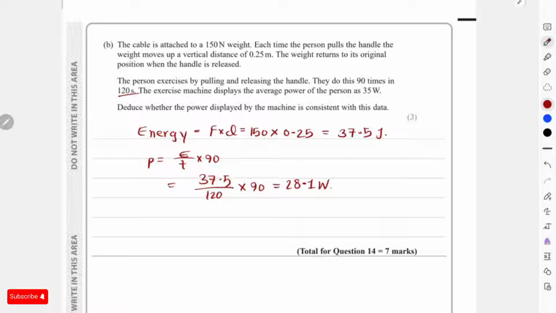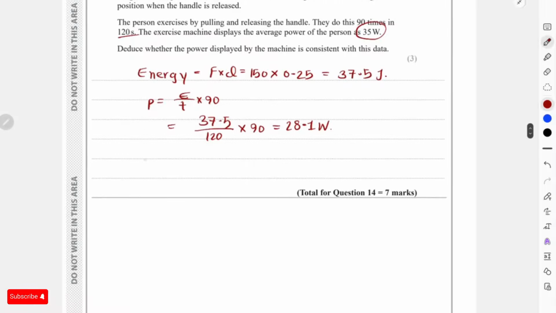As you can see, it is not anywhere close to the 35 watt that the machine displays, so they are not equal, and we can say that the data provided by the machine is certainly not consistent. So we can write that since 28.5 watt is less than 35 watt, the data is inconsistent.